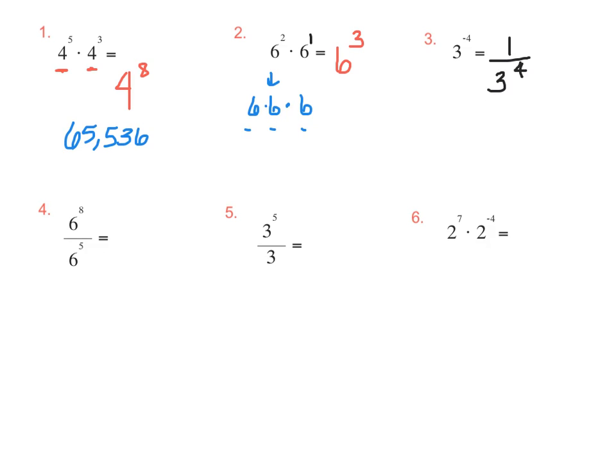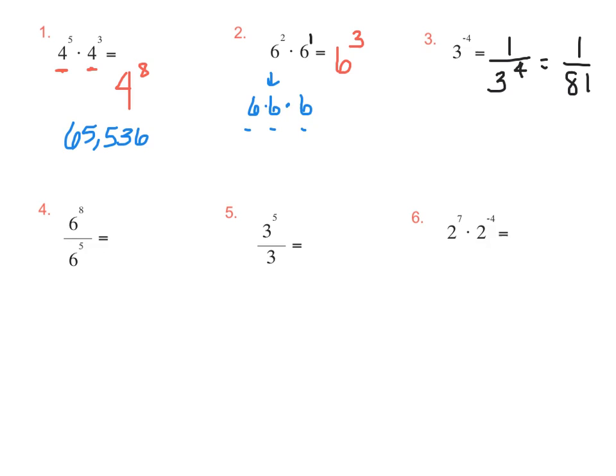So it's going to be the same problem, except the negative exponent will be a positive exponent in the denominator. And if I were to actually solve this out, 3 to the 4th power is 81. My 1 stays on top. So 3 to the negative 4th power is 1 over 81.